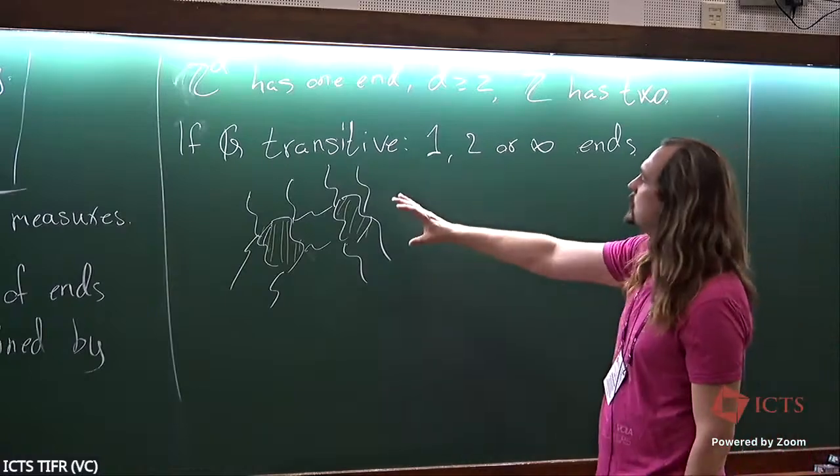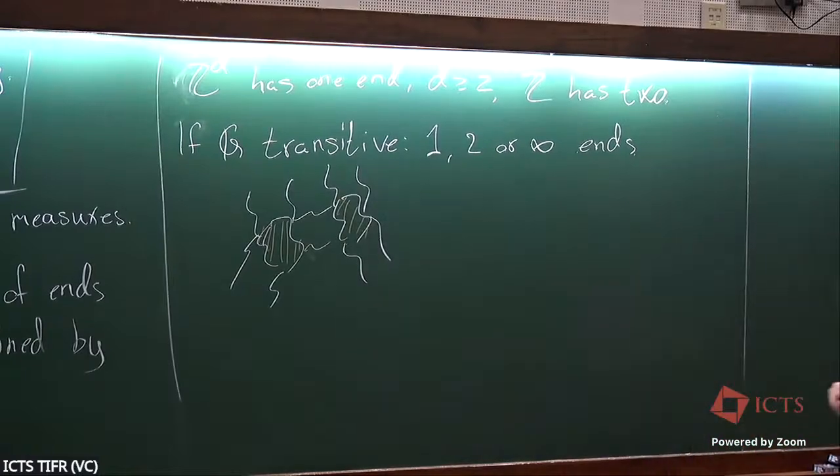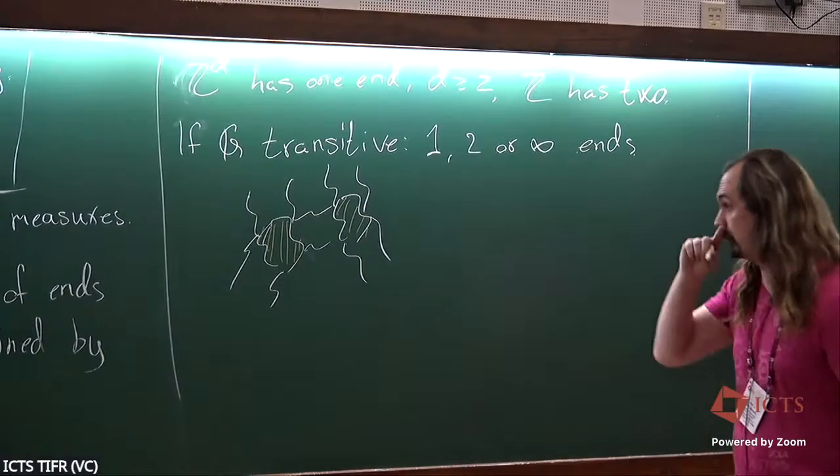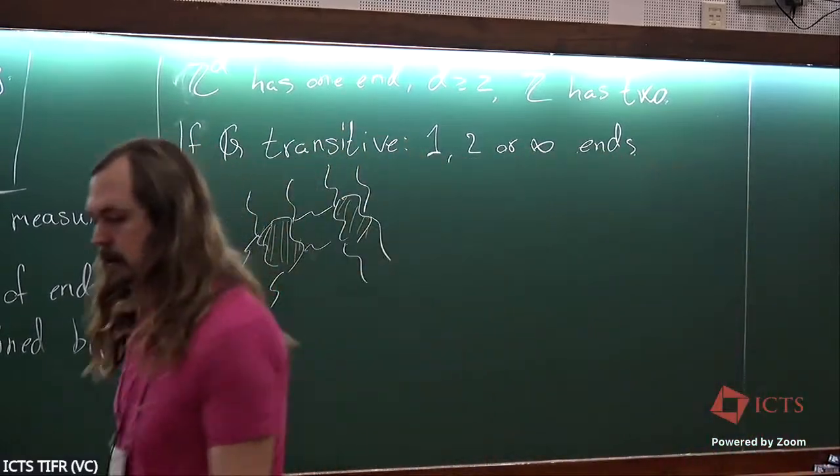Right, so once you have at least 3 ends and you're transitive, these will sort of explode. Why am I mentioning this? Because you get the same thing for percolation configurations.